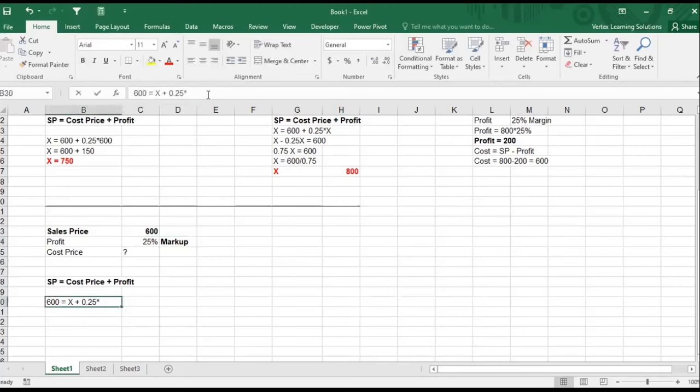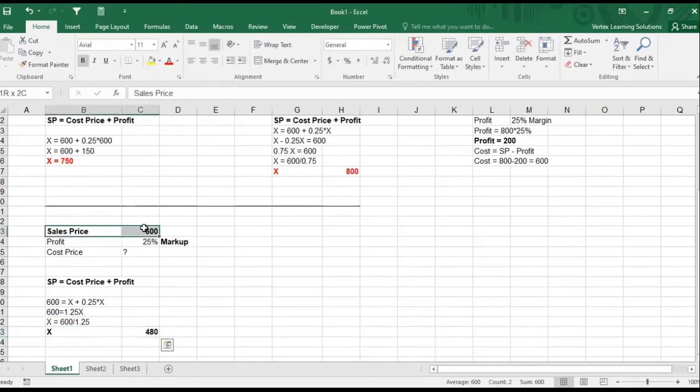Cost is X, so it means 25% of X. So you say 600 is equal to 1.25X, and then X is equal to 600 divided by 1.25. So my cost is 480. If my selling price is 600 and there is a markup of 25%, my cost price will be 480.